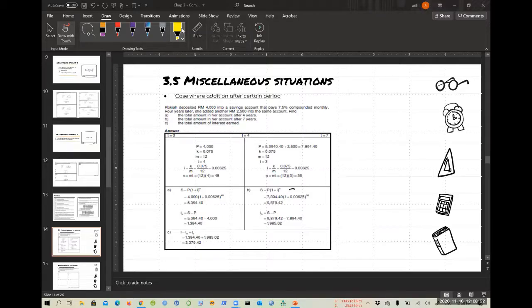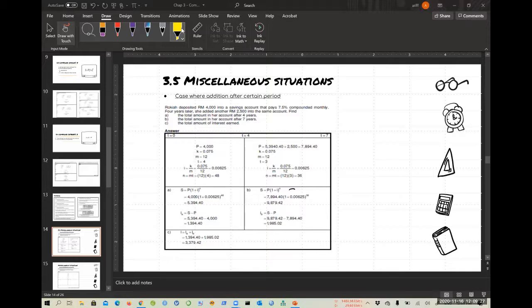Okay, so dalam keadaan sini, kalau sekiranya kita punya prinsipal tu kita mula dengan satu nilai tapi di tengah-tengah tu kita tambahkan dengan satu nilai lagi, so dalam pengiraan interest untuk semasa kita menambah nilai tersebut, nilai prinsipal dan nilai tersebut telah dicampurkan sekali dengan nilai interest yang telah dibayar. So maknanya whatever apa saja amount yang ada dalam akaun kita akan digunakan untuk pengiraan interest seterusnya. Okay, so that is the situation.